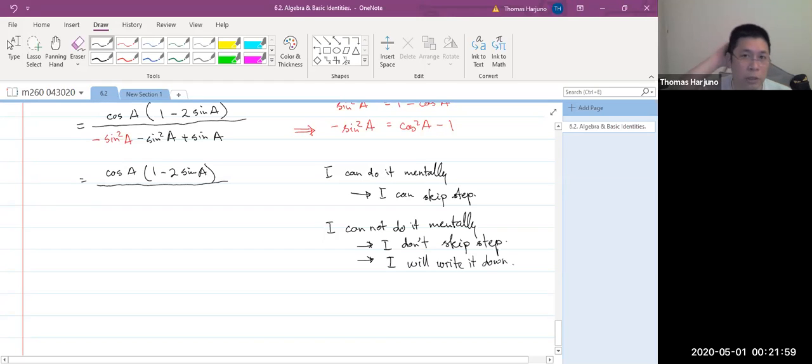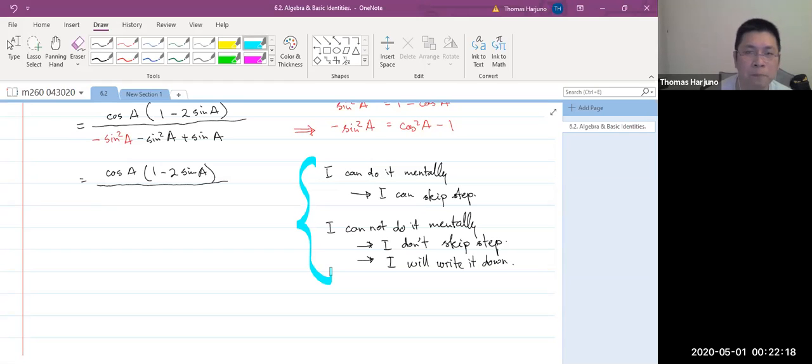Think about this logic. If I can do it mentally, then I have the right to skip the step. If I cannot do it mentally, then I will write it down. Sounds so innocent, right? But let me tell you what usually happens in the test. Those that you think, oh, I can do it mentally, I will just skip the step. Assume that you are fine.